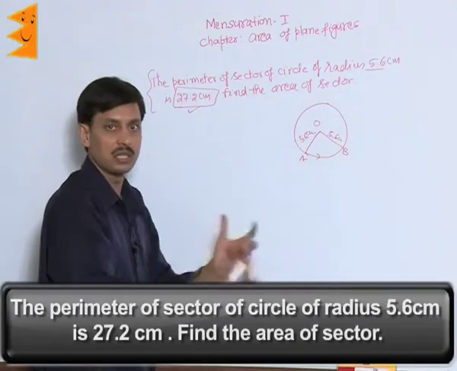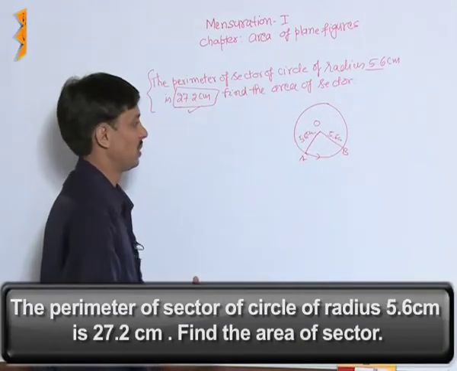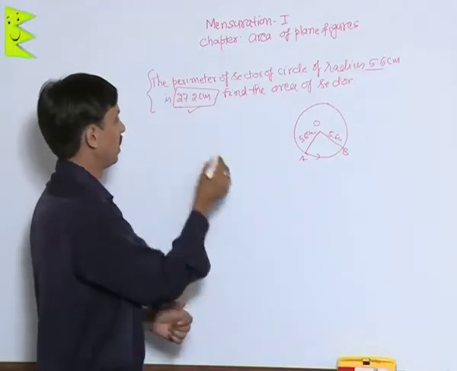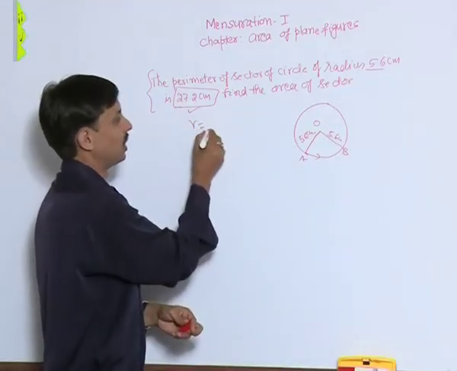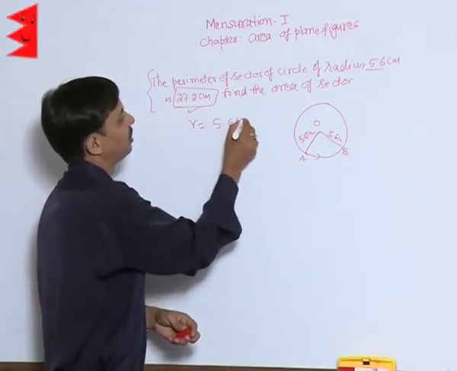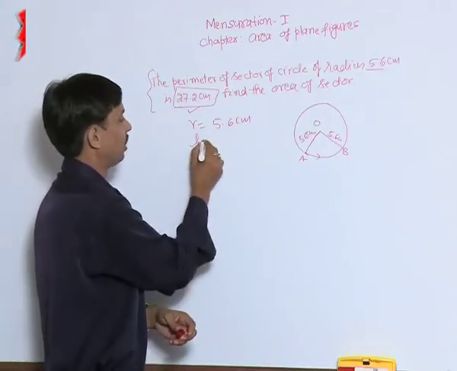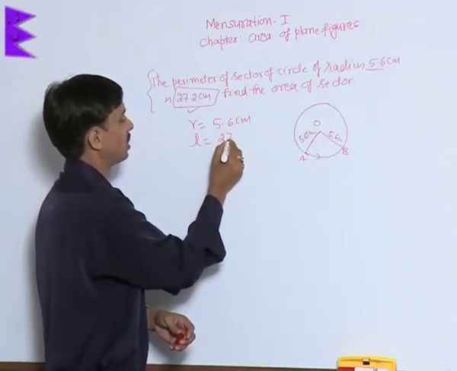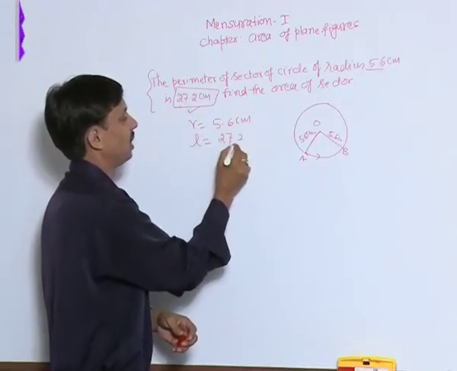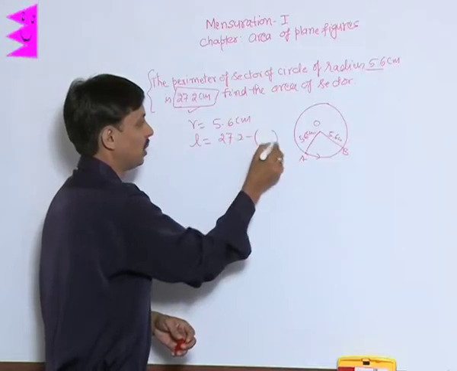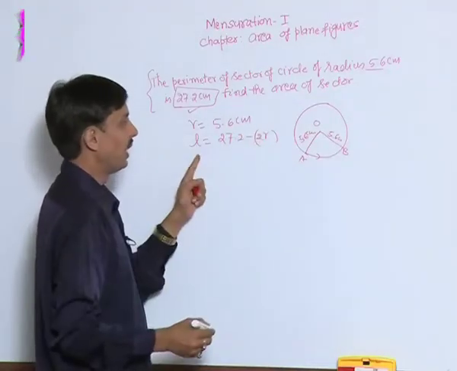We want to find the area of the sector. To calculate it, we know that the radius is 5.6 centimeter. Length of arc is 27.2 centimeter minus 2r. Why?